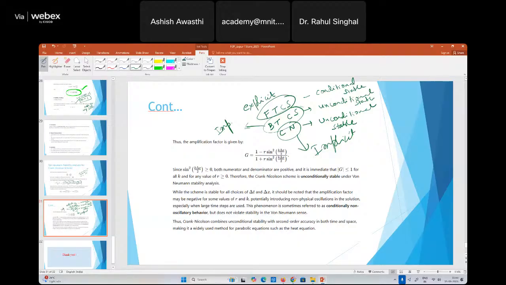But if you want convergence for FTCS, that R has to be restricted. That means delta t should be less than or equal to delta x square by 2. So it is restricted. Explicit schemes need less computational effort, but delta t is restricted in order to get convergence. BTCS or CN, the implicit schemes, are computationally costly, but their time step is not restricted.